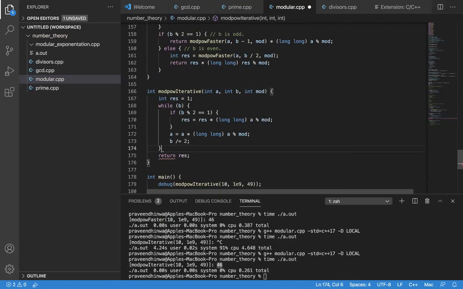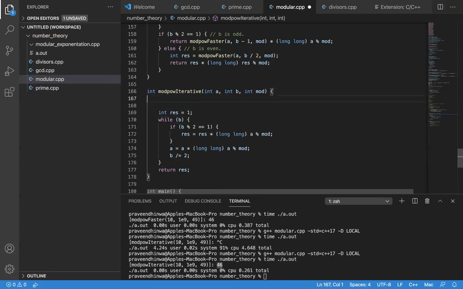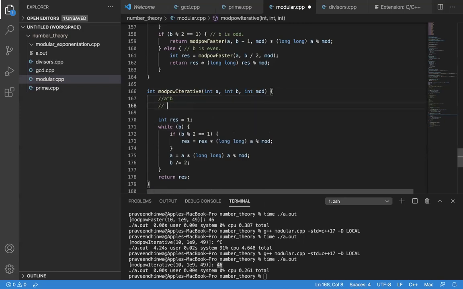So this iterative program, how is it working? You can understand this program as follows. Suppose your number is a power b. Write b in binary.